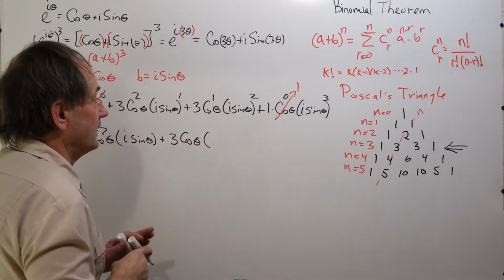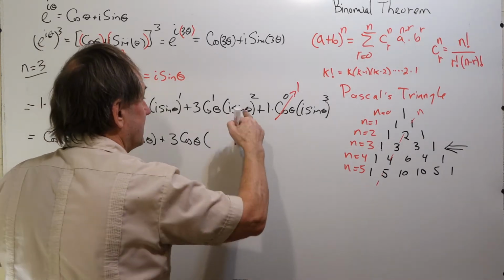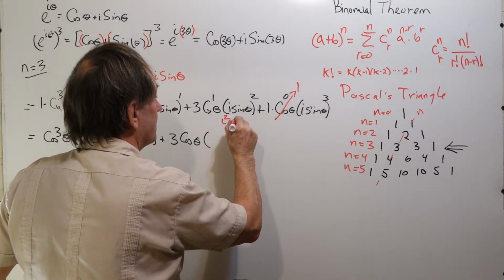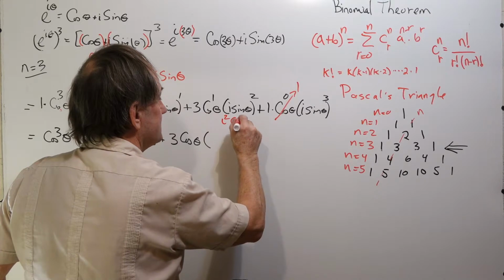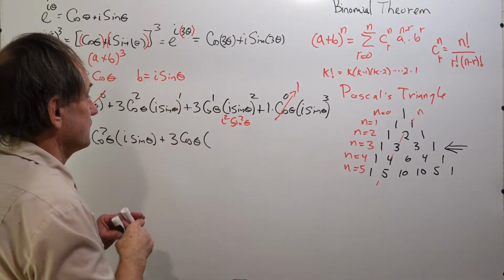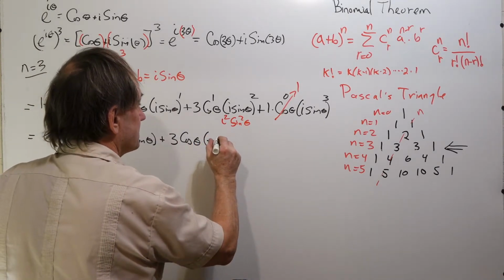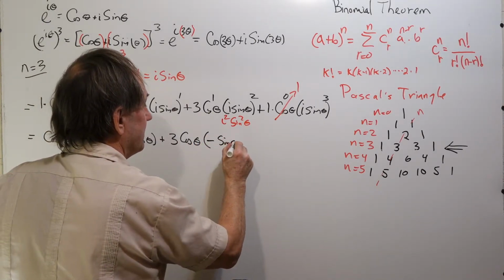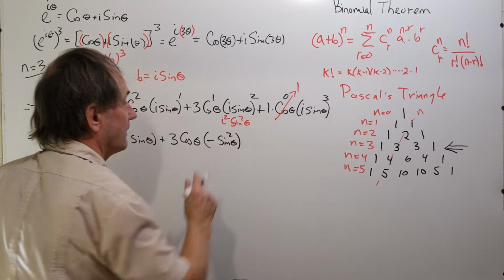Now, we know here i sine theta squared is i squared sine squared theta, but we know that i squared is minus 1. So this now becomes minus sine squared theta.